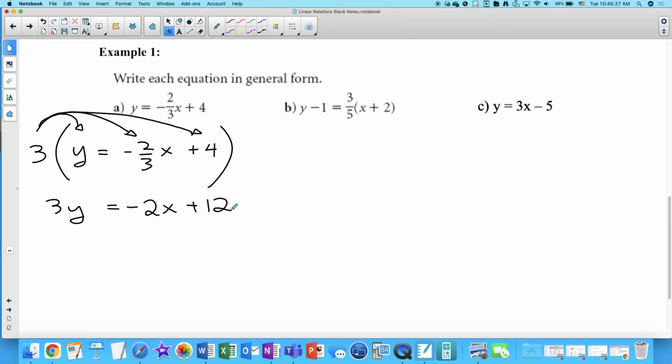Yep. So when you multiply it by 3, it doesn't affect the numerator on the slope. It would be 3 times -2. So, okay, that's a good question. When you're doing 3 times -2/3, right? So when you're multiplying fractions, you can actually do it two ways. You can multiply numerators and multiply denominators and then reduce. So that would look like this. 3 times -2 is -6/3, which is -2.